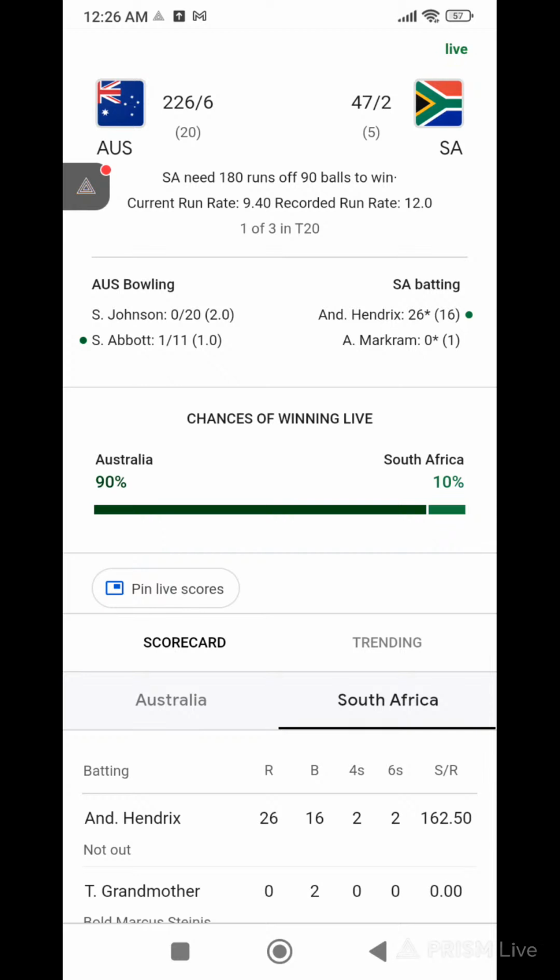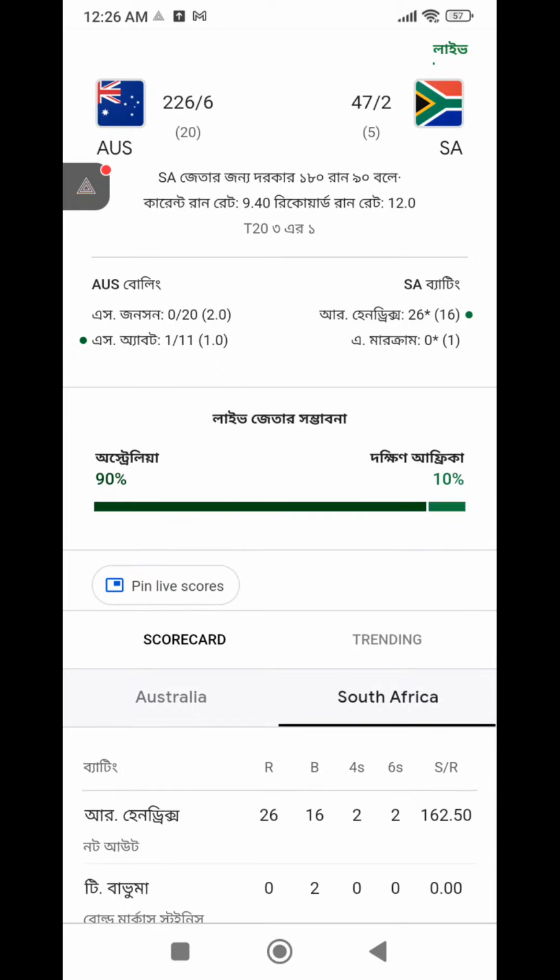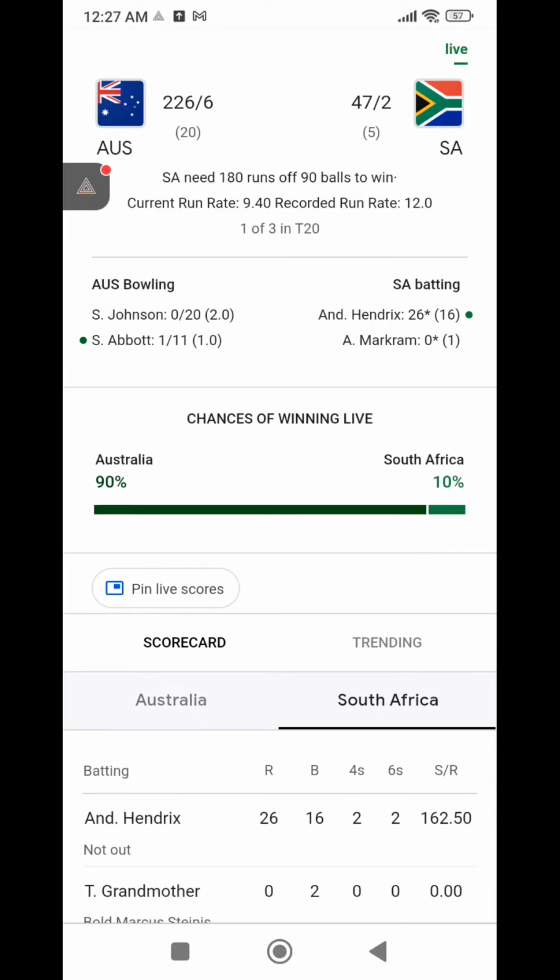It's the first T20 match between Australia and South Africa. 5 overs completed, 47 for the loss of 2 wickets.